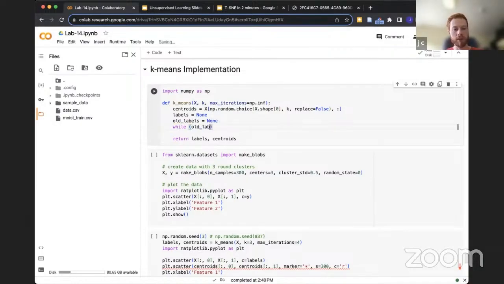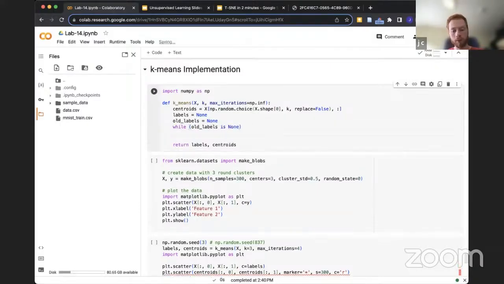This is now a case to cover the first case, while old labels is none. We want to iterate.